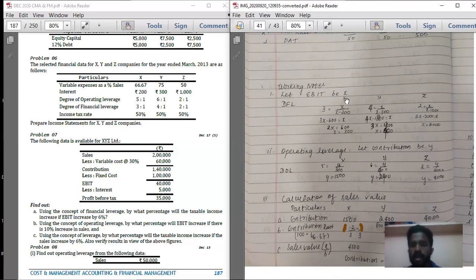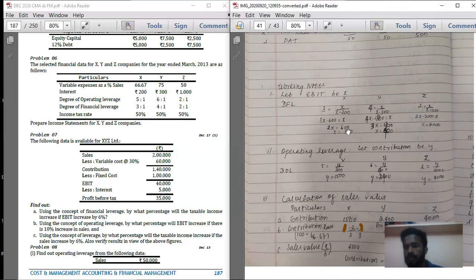So here we know EBIT is X and interest is 200. So 3 is equal to X divided by X minus 200. If this goes to the left hand side, 3X minus 600 is equal to X.